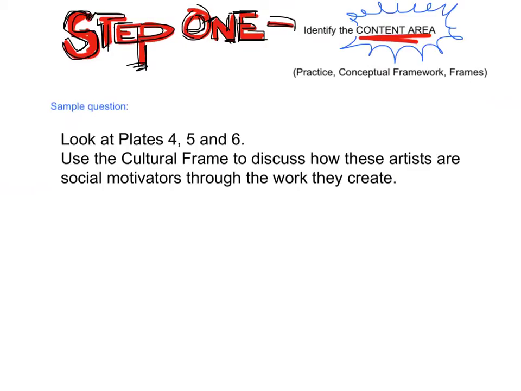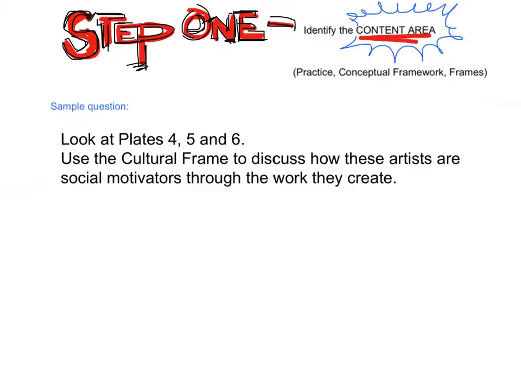Let's begin by revising some of the ideas presented in part 1 of this video sequence by identifying the content area. That's referring to practice, conceptual framework, or frames. So if we look at the sample question, look at plates 4, 5, and 6. Use the cultural frame to discuss how these artists are social motivators through the work they create.